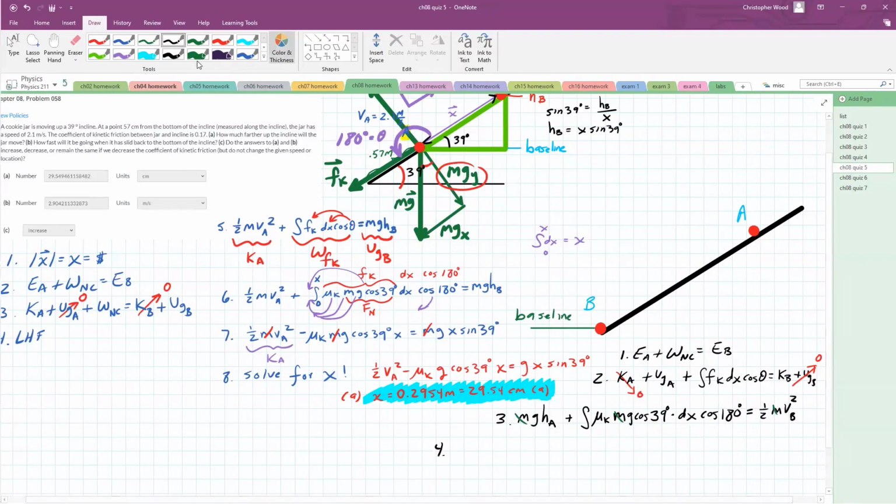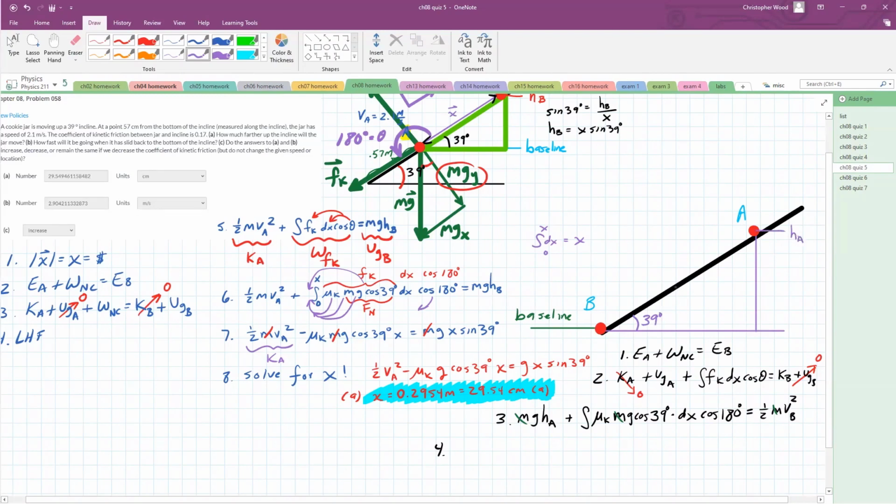All right. So let's talk about H_A. This is probably the only somewhat time-consuming step of this entire problem. Here's my triangle. This is 39 degrees. There's H_A right here.